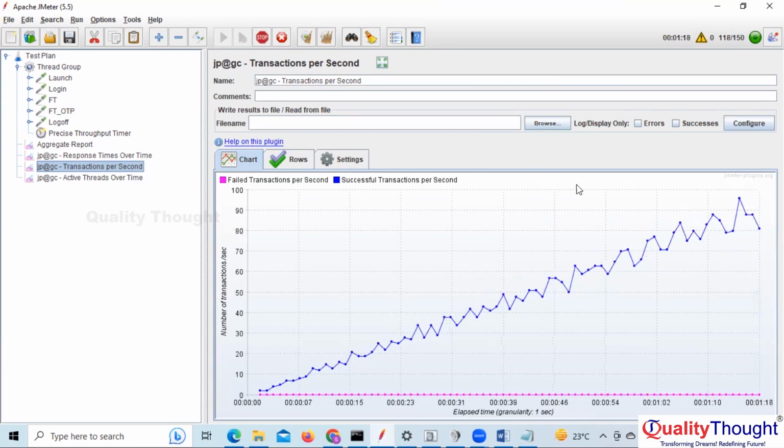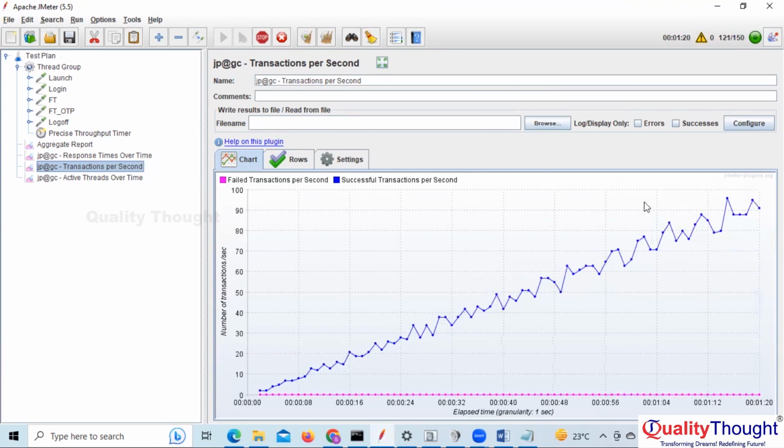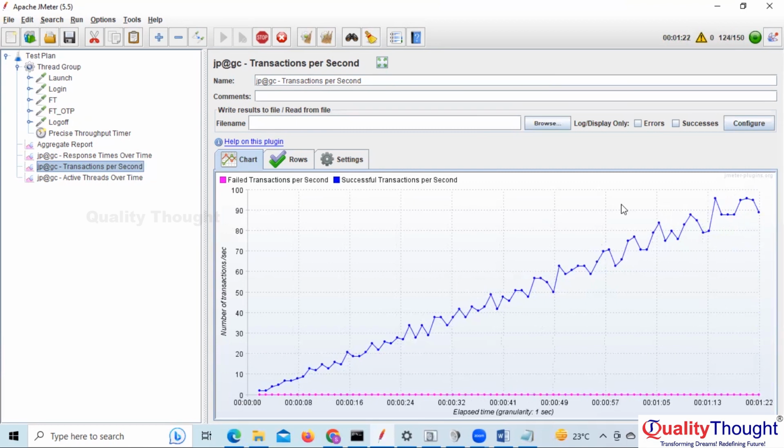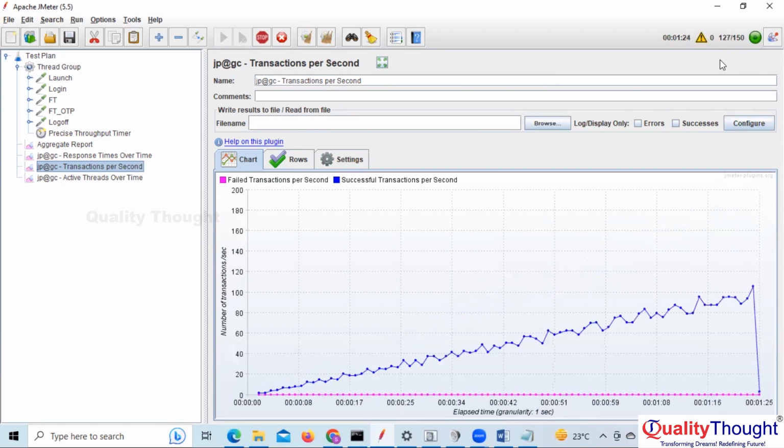See, it is achieving our target. Now we are with the 126th user.